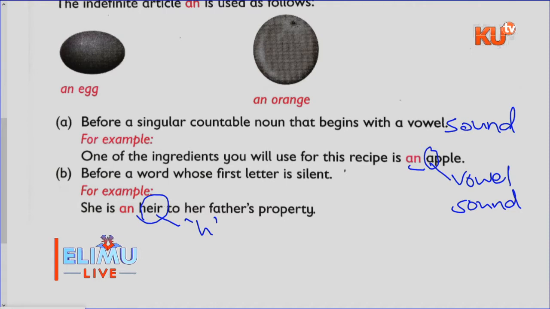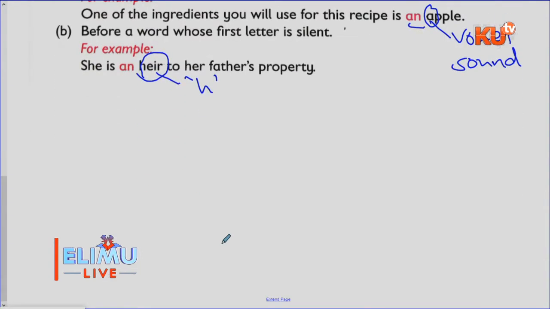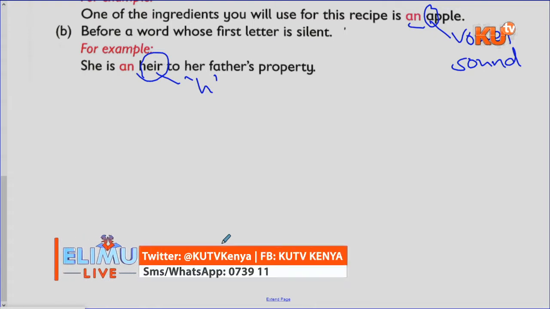Right. So there are these examples here. Words that begin with vowels, but do not take article an. Why? Because in their pronunciation, the first letters do not give you a vowel sound.